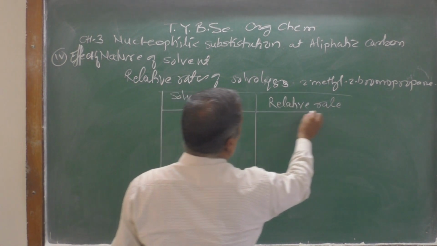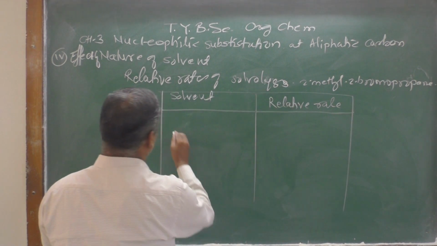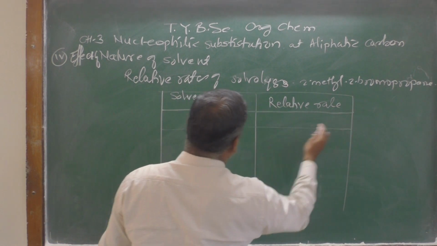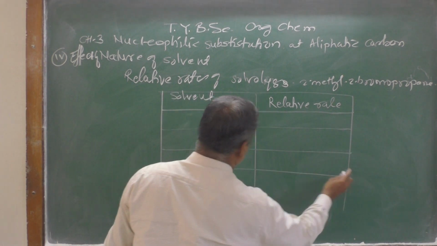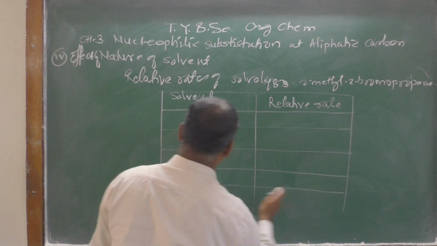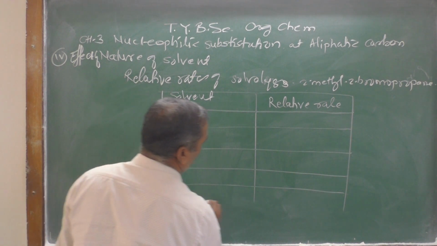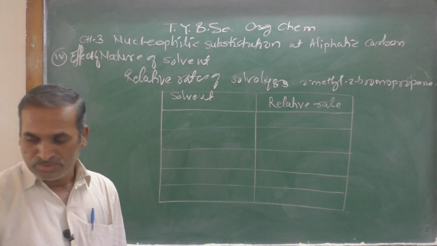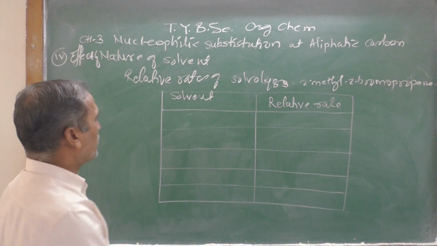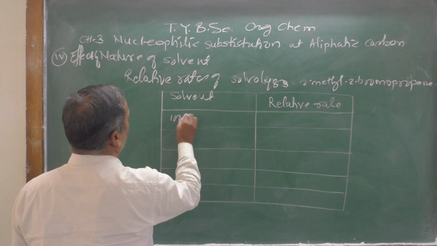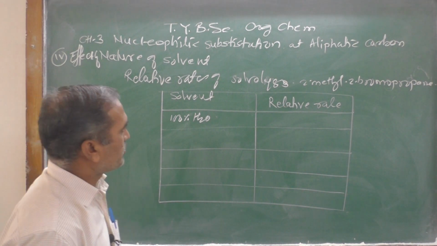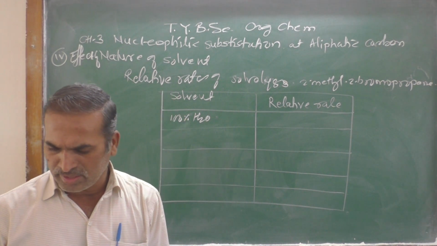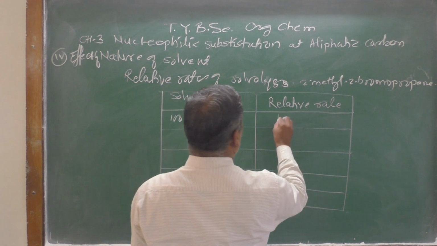Look at the table carefully and you will come to know how the solvent changes the rate of the reaction. The first solvent I am taking is 100% water. As we know, water is polar in nature and the relative rate is found to be 1200.